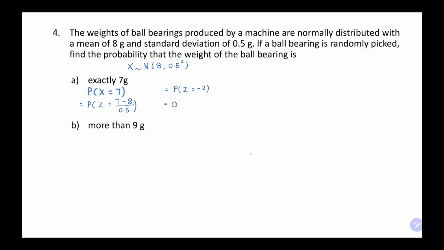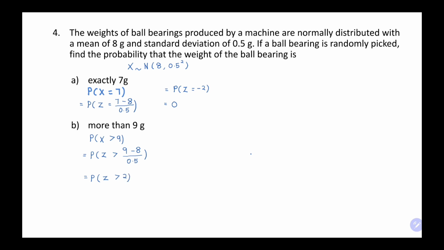B, more than 9 gram. More than 9 gram means P(X greater than 9). Then we standardize, convert to Z, X minus the mean, divided by the standard deviation. Then we solve, we get Z greater than 2.